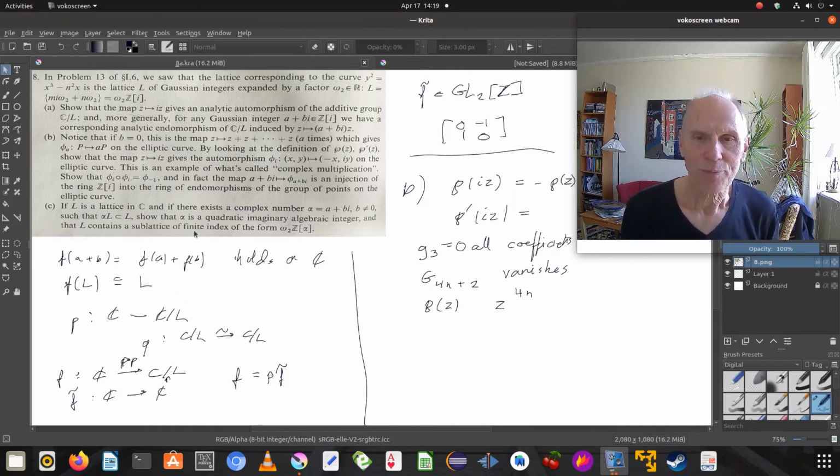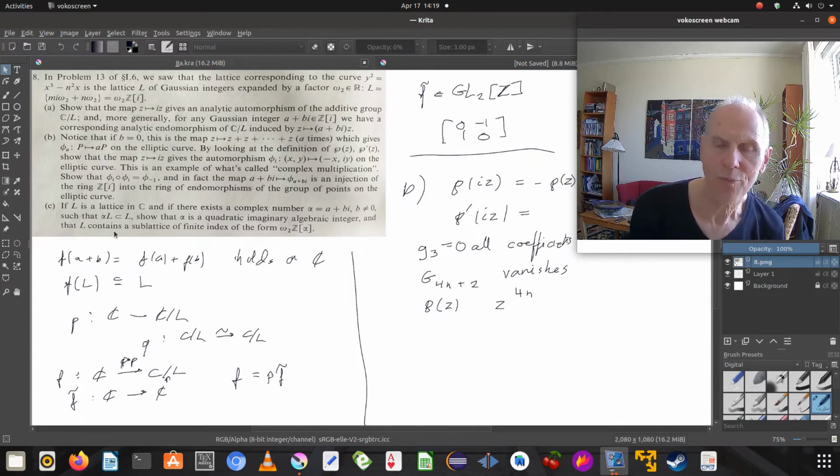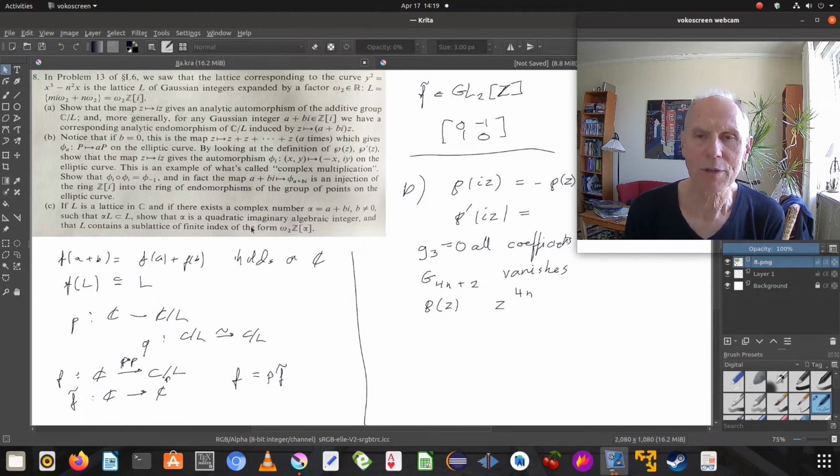So we have a lattice, and then it's assumed that there is a complex number which maps the lattice into itself. And then we have to show something.